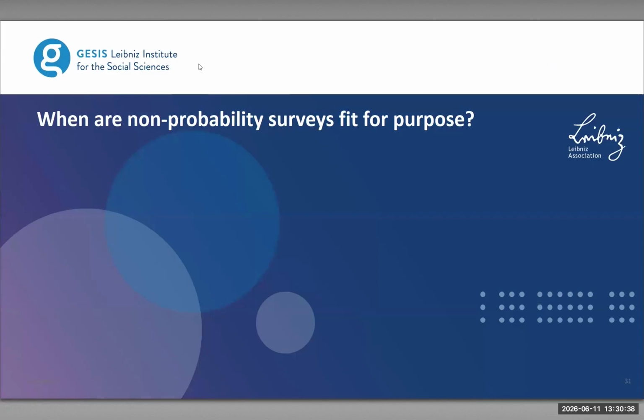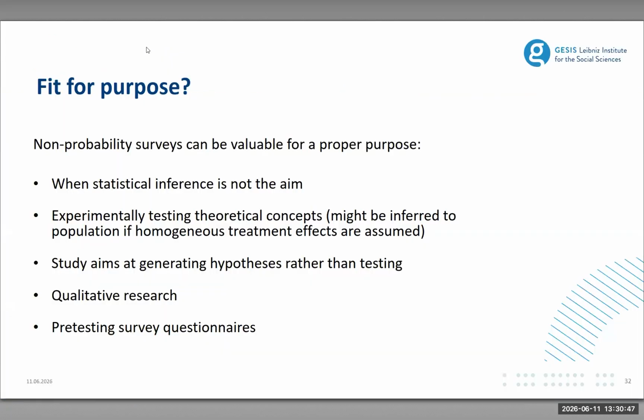So having said that, is there any use of non-probability surveys at all? So when are they fit for purpose? They can be used for several purposes, basically whenever statistical inference is not the aim of the study.